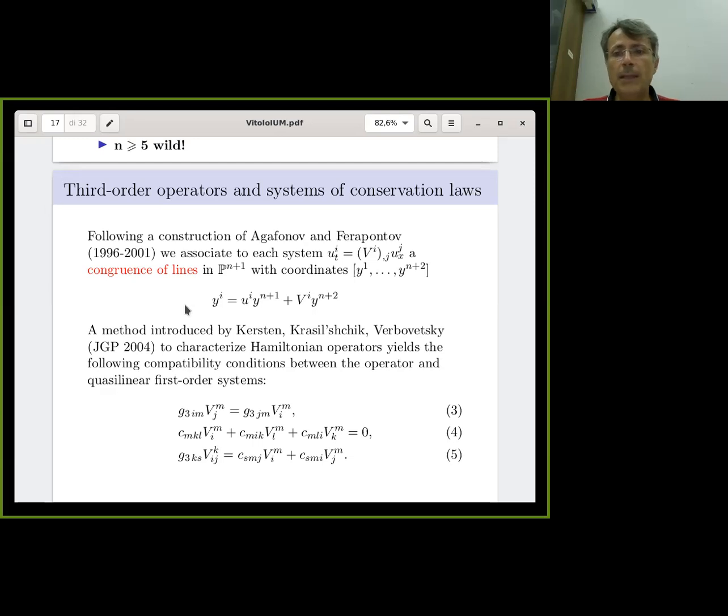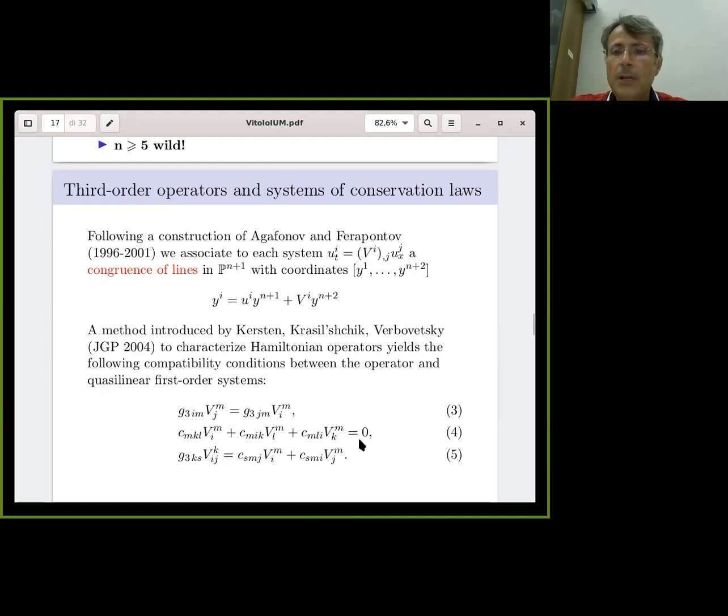And what we obtained is a system of conditions which is very easy to compute with. So each time you have a system of conservation laws, if you run this computation, you can find if the system admits a third-order operator in a few seconds with any computer.